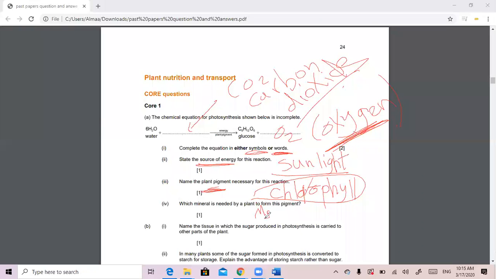Magnesium is the symbol Mg, and you can write magnesium, Mg.